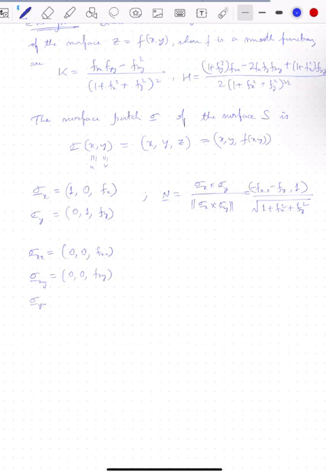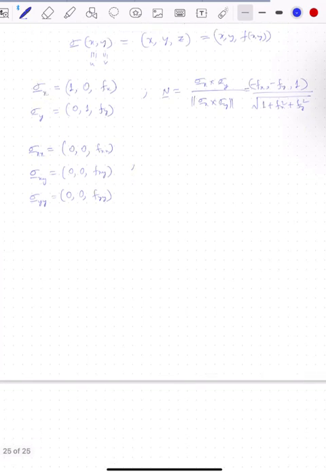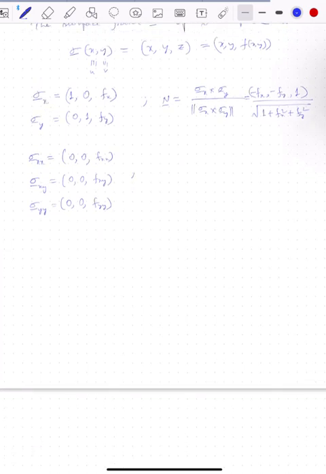Likewise, sigma yy is equal to (0, 0, fyy). Right? And so we have all the necessary ingredients to determine the coefficients of the first and second fundamental form.